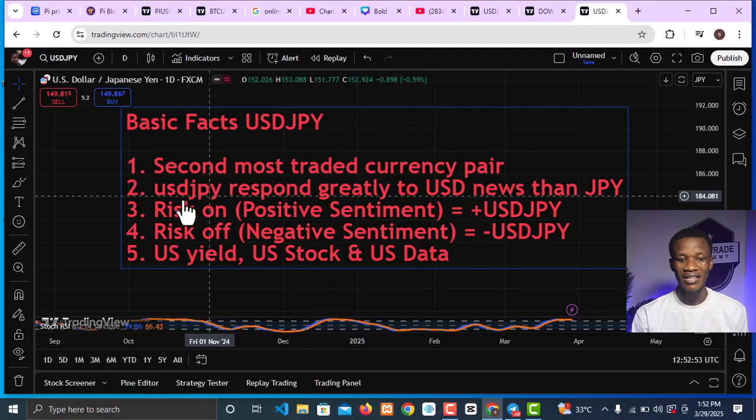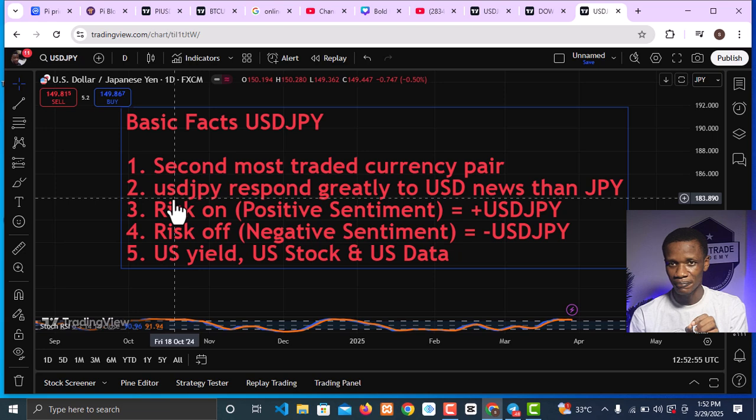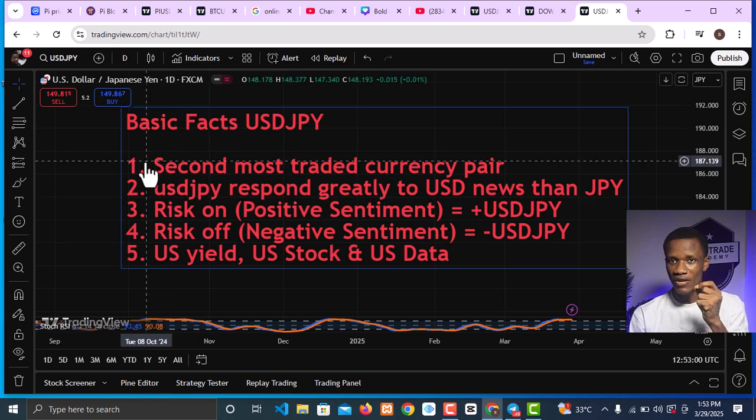The first thing here is some basic facts about USDJPY. And the first one here is we must understand that USDJPY is the second most traded currency next to the EUR/USD. And why this is very important is that when you are trading, you want to trade a currency pair that has good liquidity, because liquidity is what causes volatility.